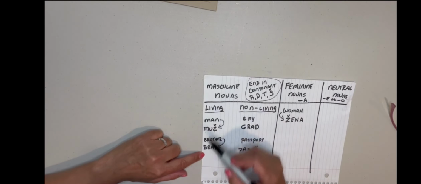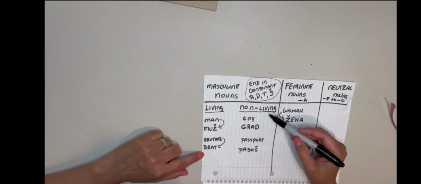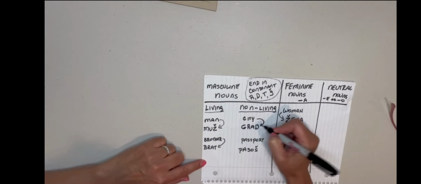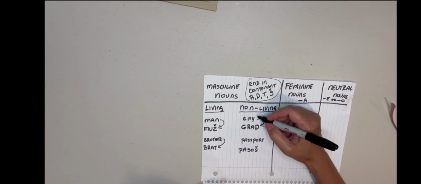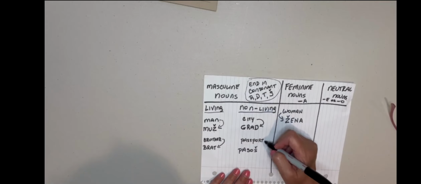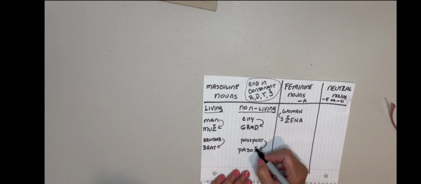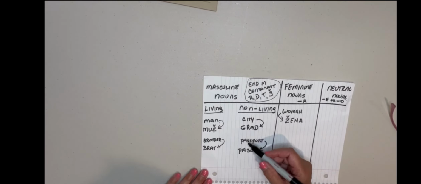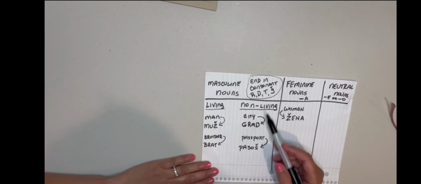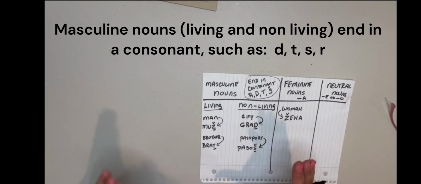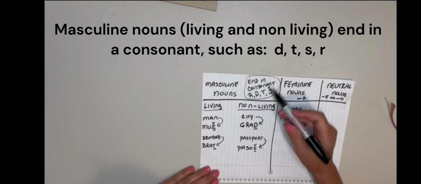That's a living masculine noun. A non-living masculine noun is the word city. So grad, city is not a living thing. It's not alive, G-R-A-D. Or the word passport. In Serbian, it's pasoš. So notice the commonality in masculine nouns. They end with a consonant. So in general, masculine nouns end in a consonant.